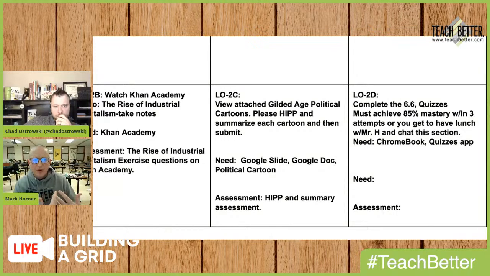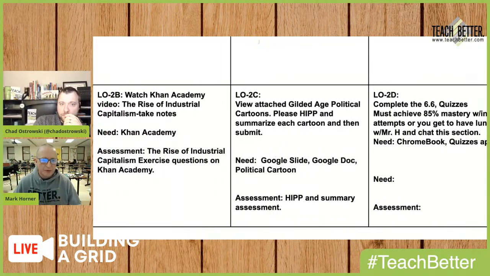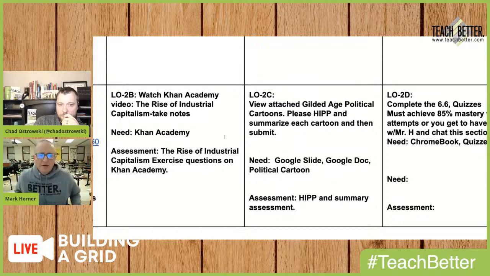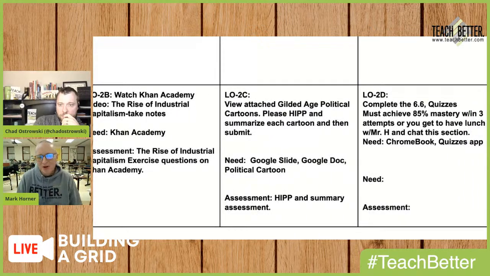It's a skill that we teach them so they're able to use it with the document-based question. Later on when they write, they have to be able to HIP a couple of documents, so that's skill practice, looking at those popular political cartoons that focus on the monopolists. And then the last one, 6.6, is a quiz. I made 6.5 for level 1, 6.6 for level 2.